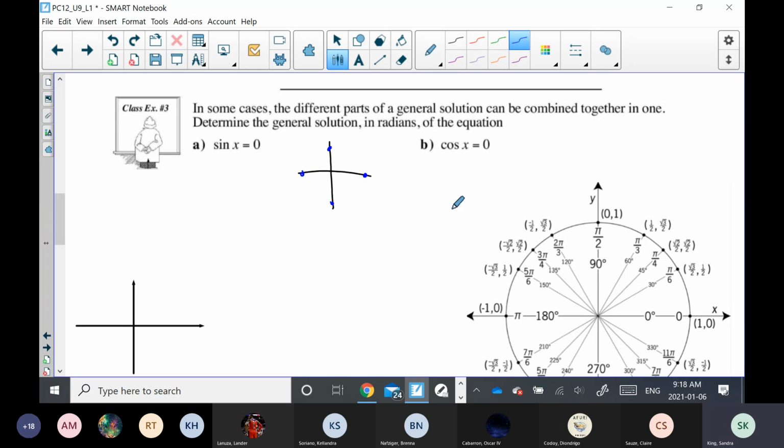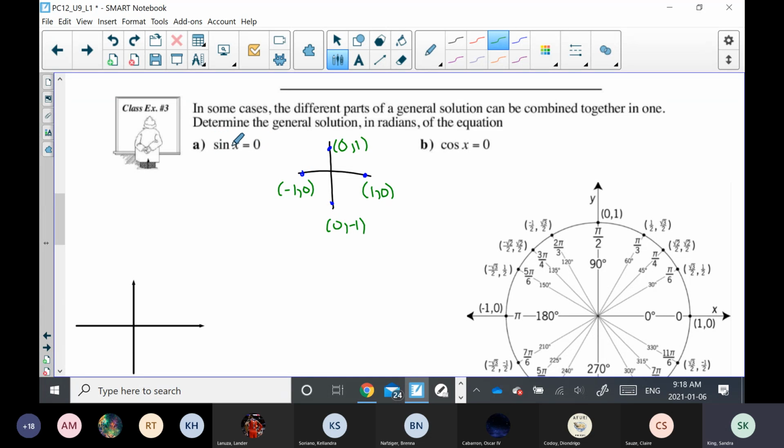So I want you to draw your 4 points and put in those coordinates. Here, x is 1, y is 0. Here, x is 0, y is 1. Here, x is -1, y is 0. Here, x is 0, y is -1.